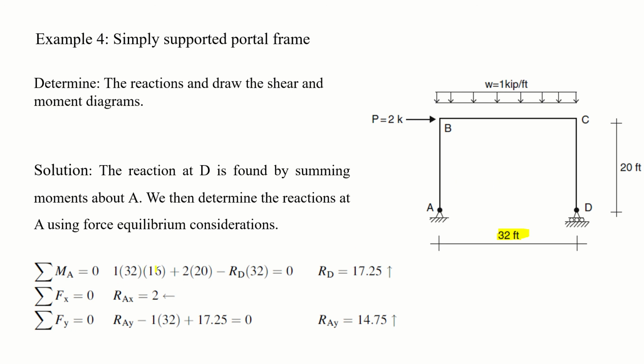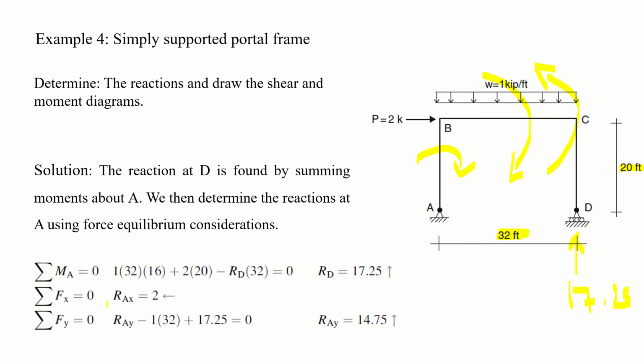So 1 into 32 into 16 is in this direction, which is clockwise, plus 2 into 20, this 2, and this distance is 20, its perpendicular distance, and it is also causing clockwise, minus RD into 32, this is RD, and it is causing anti-clockwise, so they have taken it as negative. So from this equation you have got RD equal to 17.25.